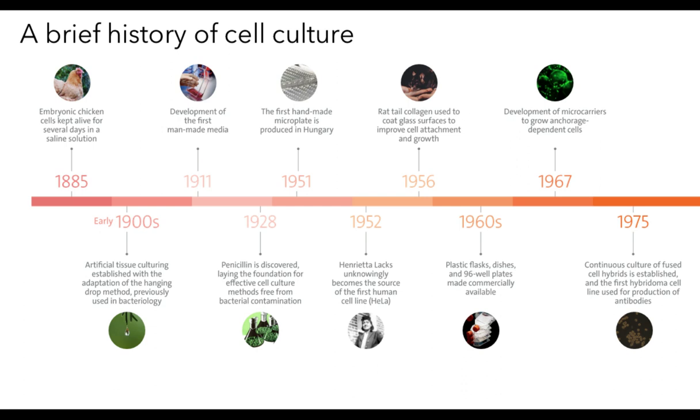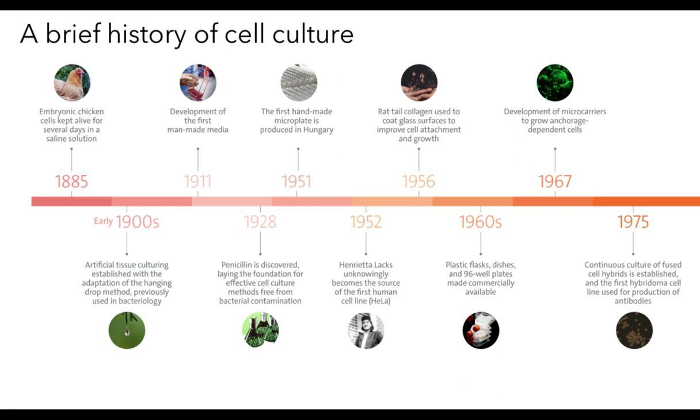Of course, penicillin was developed in the 20s. That enabled the foundations to be laid for having effective cell culture methods free of contamination from environmental bacteria. And then the first immortalized cell lines were developed, the famous one being the HeLa cells from Henrietta Lacks. That was one of the first immortalized cell lines that were developed for widespread drug research.